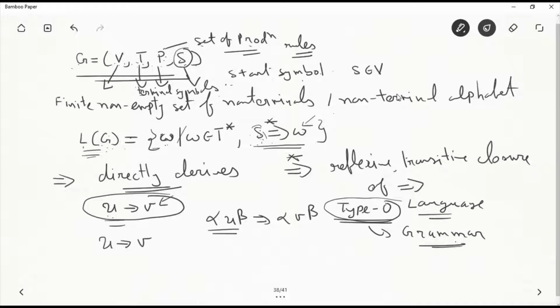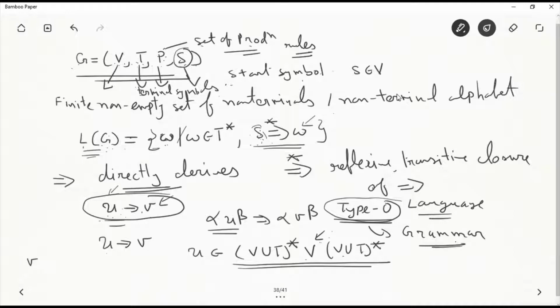U is rewritten as V, where U belongs to, look at this carefully, star closure of V union T followed by V, star closure of V union T. It means that at least one non-terminal or one variable must be on the LHS of the production rules. And the right side is what?